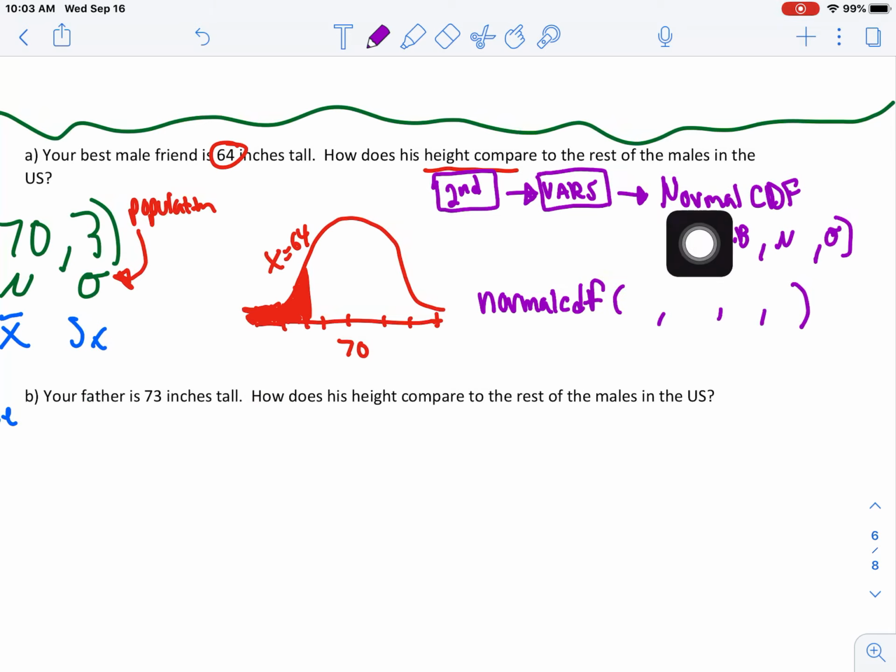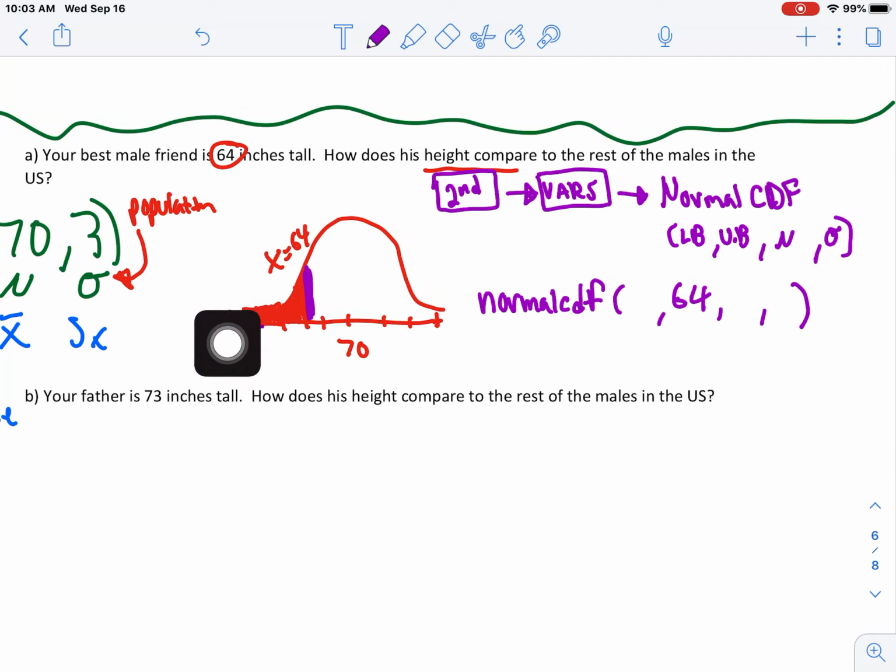So my lower bound, what I mean by this is I'm looking at my shaded region, and I want to see where is the lower limit. And for the upper bound, I want to see where is the higher limit, where's the upper limit. One of these is pretty obvious, and I think the upper bound is a lot more obvious. The upper bound is right at 64 of that shaded region.